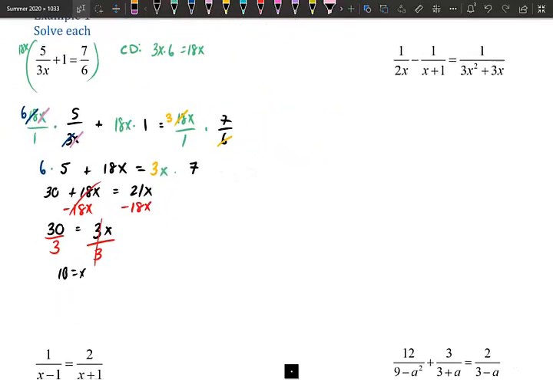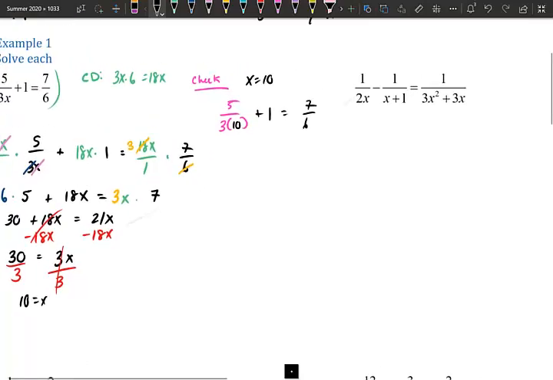So let's check it. I'm going to do it in pink. So let's check. And our possible answer is 10. So we're going to plug it in. We have 5 over 3x, which is 10, plus 1 equals 7 over 6. So let's simplify here.